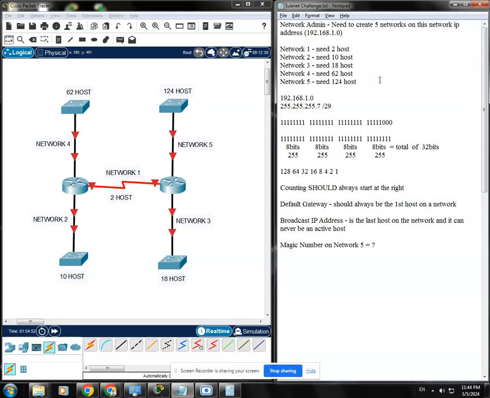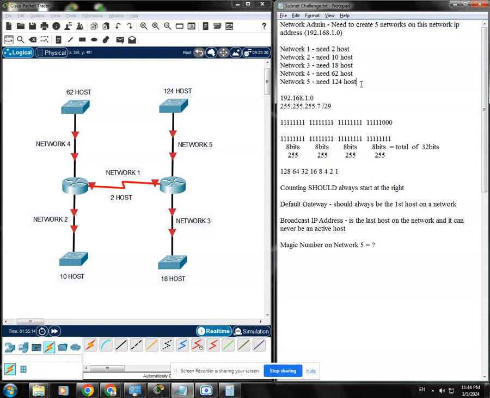Let's say the network admin had said they are already included in the 124, then we would follow the 124. But since it is not stated here, it's better to work safe.